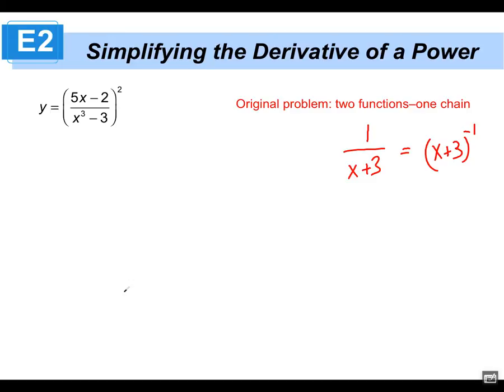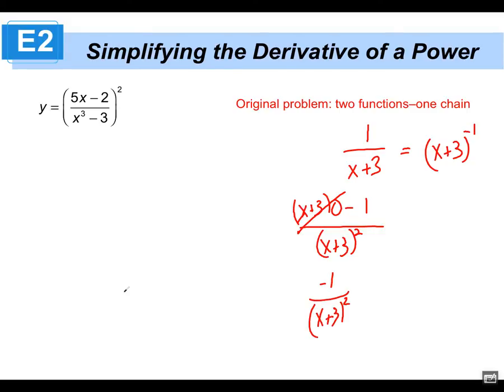The important part is they're equivalent. So if I do the quotient rule over here, I would get x plus 3 quantity squared, x plus 3 up on top, times the derivative of 1, which is 0, that disappears, minus the numerator times the derivative of the denominator, which is 1. So that goes away, and I'm left with -1 over x plus 3 quantity squared.